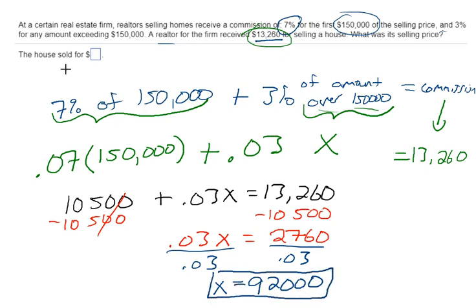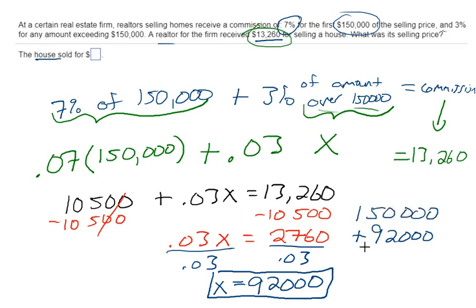Now, we're being asked for how much the house sold for, but X is not the full, complete selling price of the house, right? The way I set up my equation, X was only representing the amount that went over 150,000. So to get the final selling price of the house, I have to take the 92,000 that I just found and add it back to the base of 150,000, right?